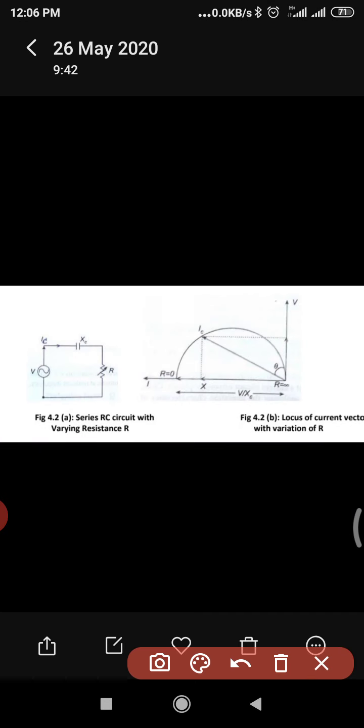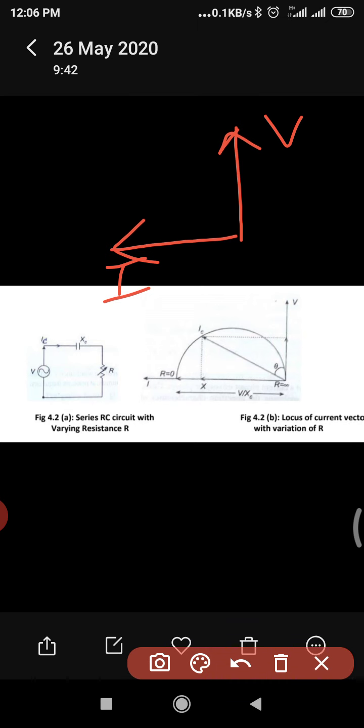This is the voltage. What about the current in a capacitive circuit? It is 90 degrees leading the voltage. Okay? This is the actual phasor diagram for an RC circuit when R becomes 0.